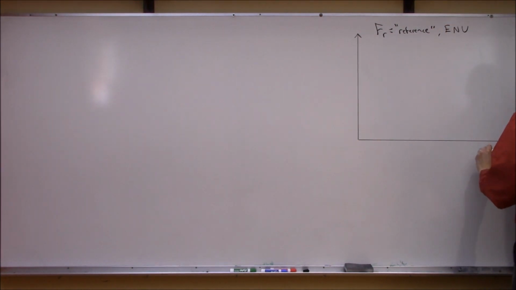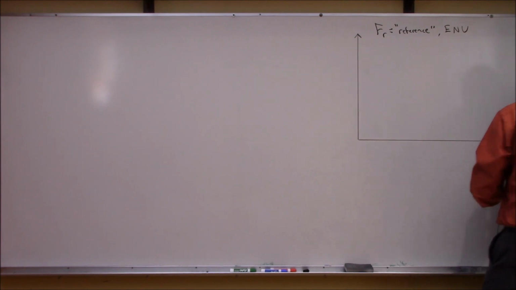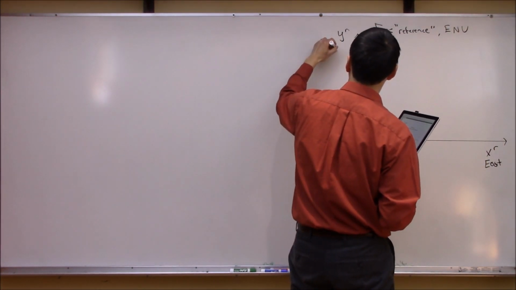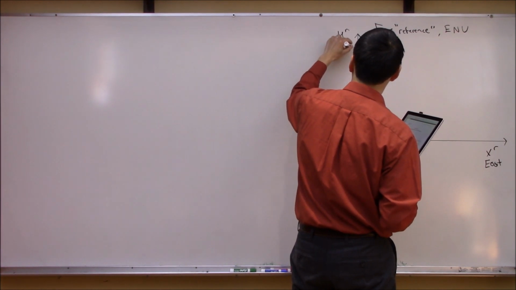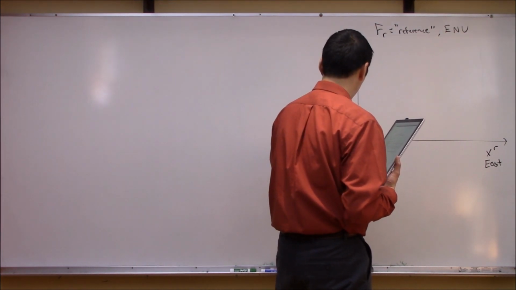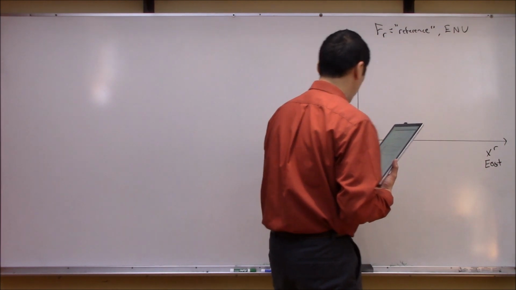So the x-axis, let's call this XR. This is like east position. Then YR is in this direction. This is sort of like your position north, how far north you are. And then Z is coming out of the page, so you've got ZR, which is the up direction.